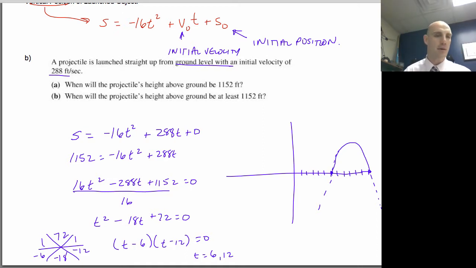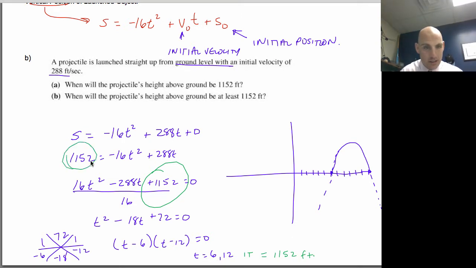Well, folks, think about this for a second. What I just plotted was a rocket, okay? And I set it equal to 0 because I want to know where it's above 0. Well, 0 was assuming my 1152. So this is where it's above. So at 6 and 12, it's at 1152 feet because that's what I set it equal to initially.